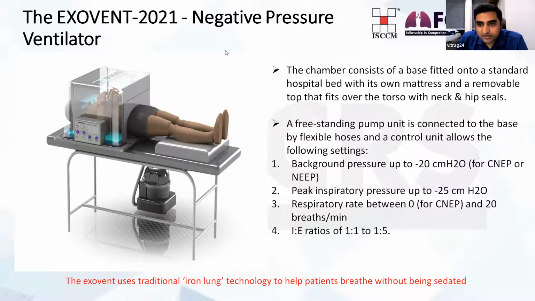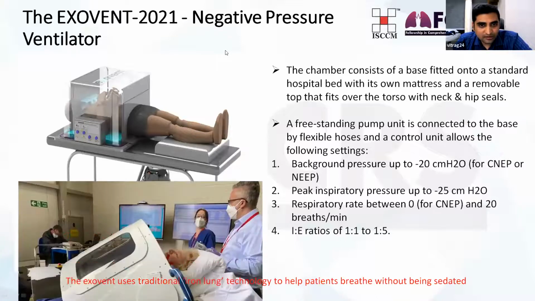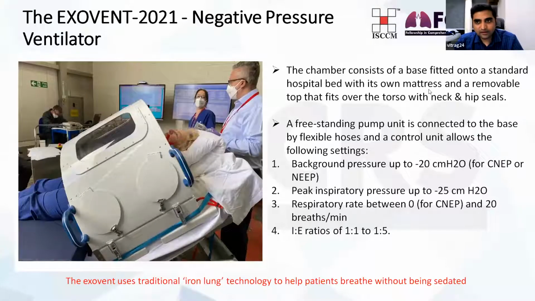A background pressure up to -20, that is CNAP or NEEP. Peak inspiratory pressure of -25, respiratory rate between 0 to 20, and I:E ratio between 1:1 to 1:5. So Exovent also uses traditional iron lung technology to let patients breathe without being sedated, but the design is better than the iron lung and cuirass.